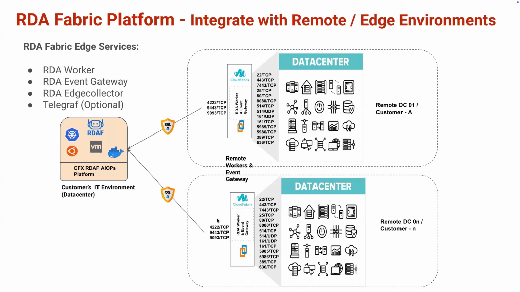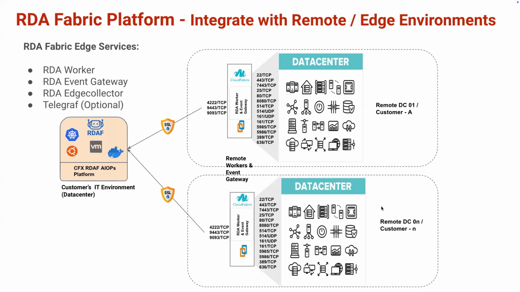These workers, and even gateways, the services which run in a remote location, communicate to the platform securely over these ports. So only these ports need to be enabled between the platform and the workers and gateways running at the edge location. These ports are 4222, 9443, and 9093.